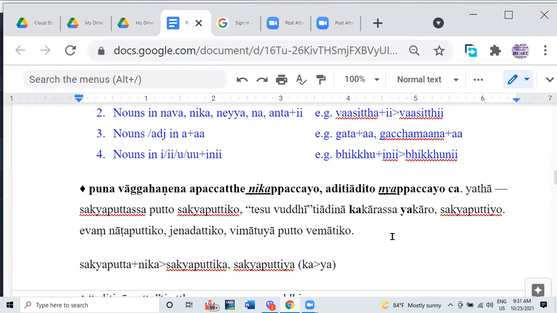So Sayadaw, you can see here, your argument is questionable but acceptable. But here you see Nika is not only added after this word. When the word wa comes, not only Nika is added, but also Nyasa is added.